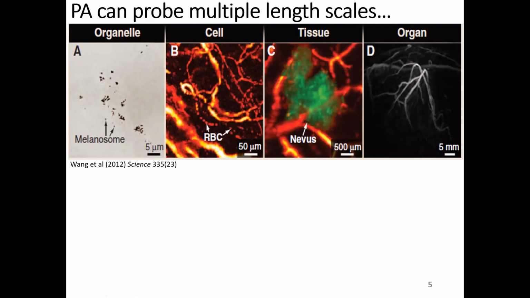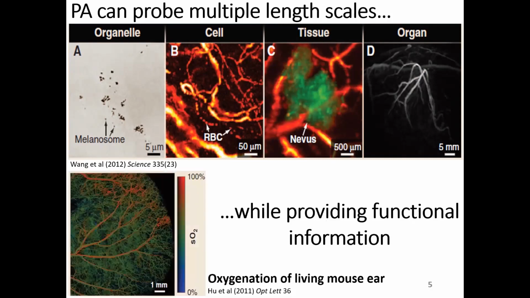In addition to being able to probe multiple biological length scales with very high contrast and resolution, photoacoustic imaging has the ability to provide functional information as well. What I'm showing here in the bottom, and I'll talk in more detail about how these images are generated, is an oxygenation map of a living mouse ear. You can examine the exquisite detail that arises from the fact that you're dealing with optical contrast as well as ultrasonic resolution within these images.